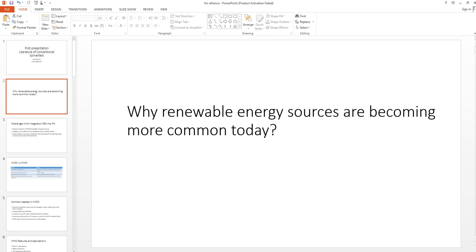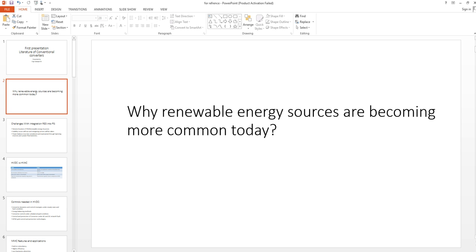Okay, so why are renewable energy sources becoming more common today? According to the International Energy Agency, energy consumption is predicted to increase twice every year, and we know that in order to generate a bulk amount of power, we mostly use thermal power plants, which use fossil fuels such as oil, gas, etc. But we know that in thermal power plants there is a huge amount of carbon dioxide emission into the environment.